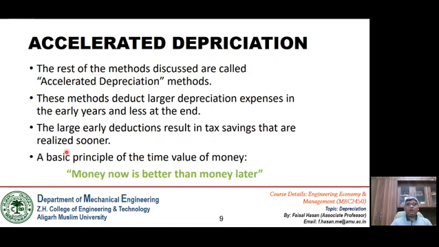Every deduction is beneficial as far as tax saving is concerned. If we have a higher amount of deduction in the initial stages, more tax will be saved compared to deductions at the end of the years nearing the depreciable life of that asset. The basic principle of time value is followed, that is, money now is better than money later.